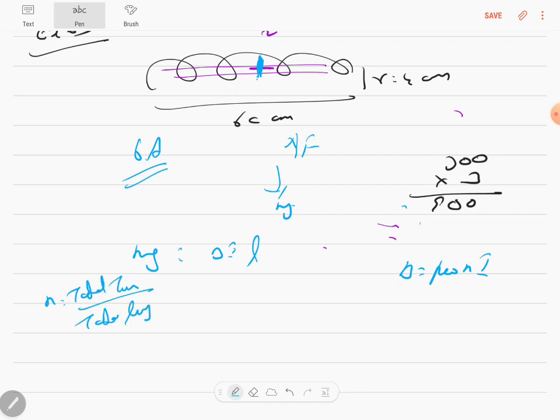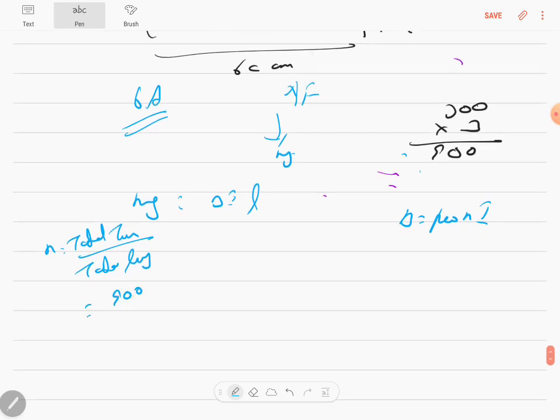What is the total turns? 900, by total length 60 into 10 to the power minus 2. So then this will be 1500 turns per meter. That's small n. So mu naught, 4 pi into 10 to the power minus 7, into 1500, into current I.